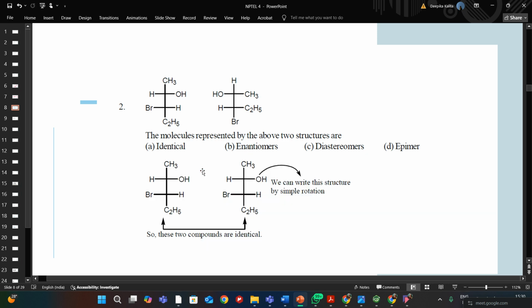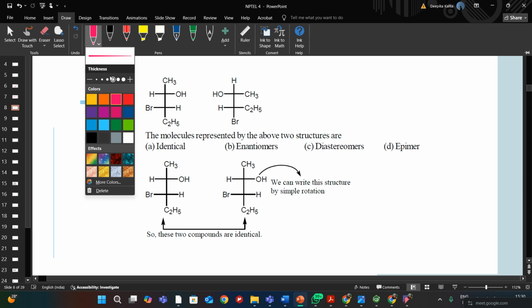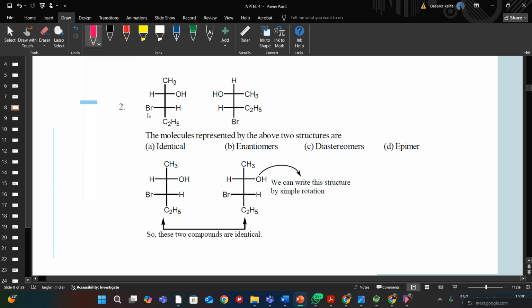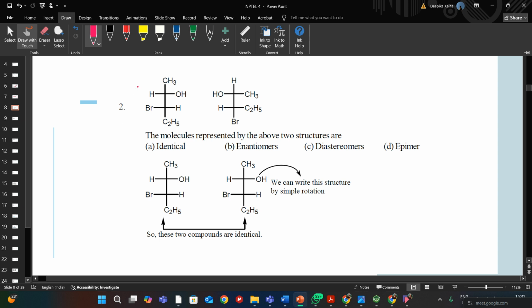To solve it correctly, you can figure out the absolute configurations present in the molecule.